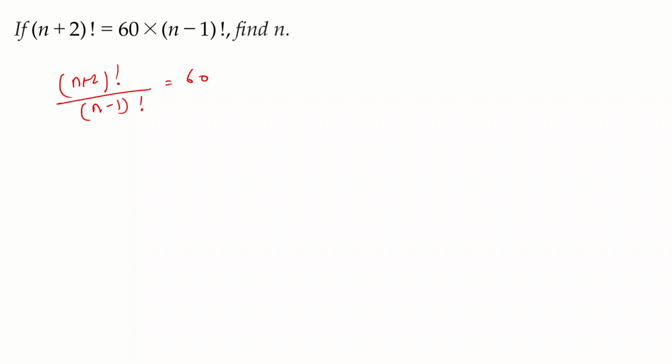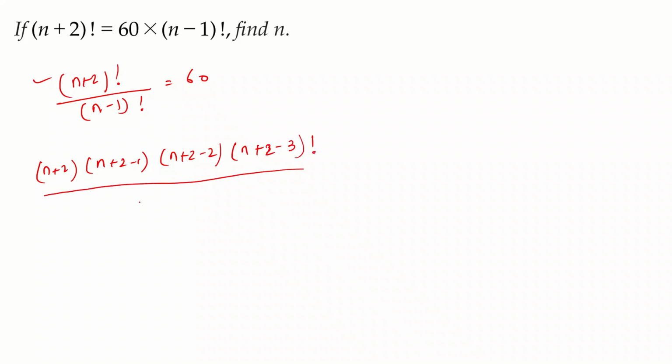And then using the same rule as before, we can write this n plus 2 factorial as n plus 2, then 1 less than this, then 2 less than this, and then 3 less than this, and that's it. Factorial divided by n minus 1 factorial.